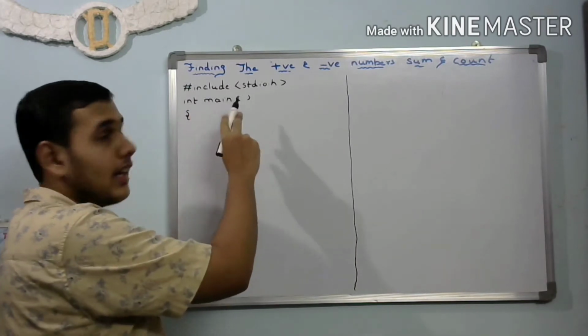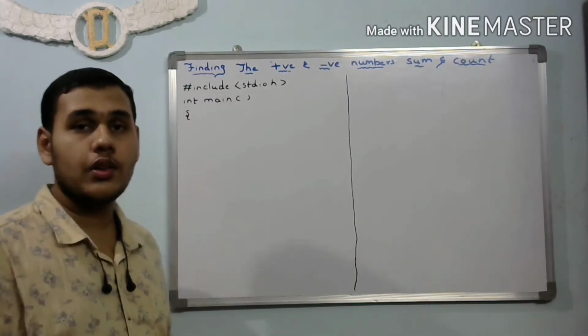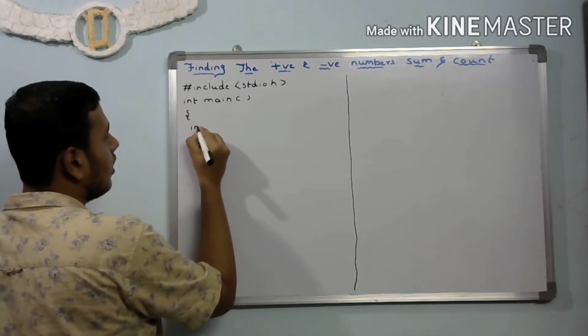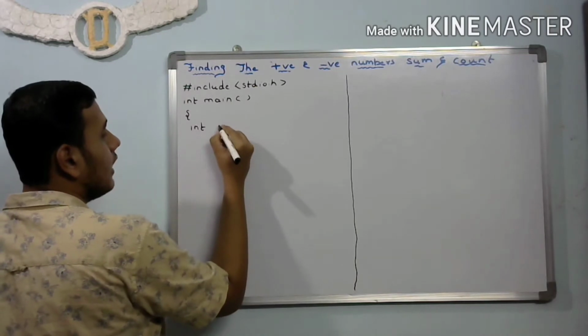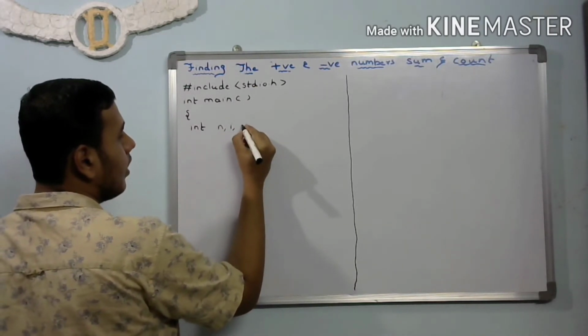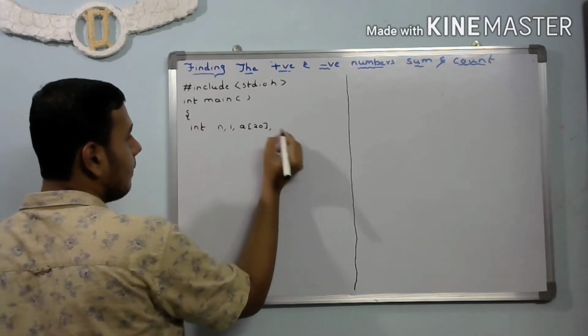So I included a header file, hashtag include stdio.h, and the main function. Now I should include my requirements. So here I am including int n, i, a of 20. So I am giving 20 elements in the array.